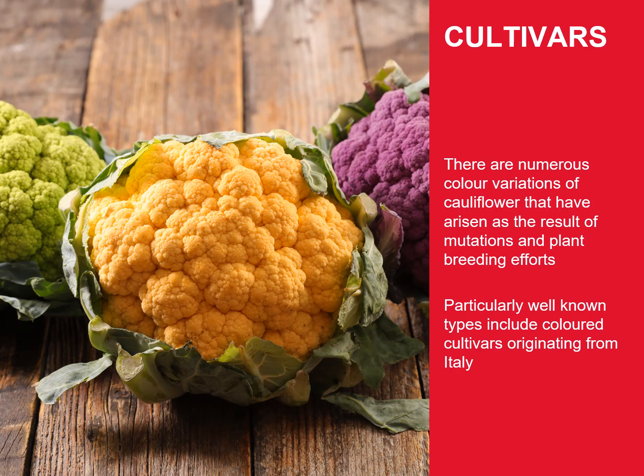Particularly well-known coloured types include the green type that you can see on the left of this slide. There's also yellow and golden type cauliflowers, and the distinctive purple cauliflower, and it's thought that these particular cultivars originated from parts of Italy.